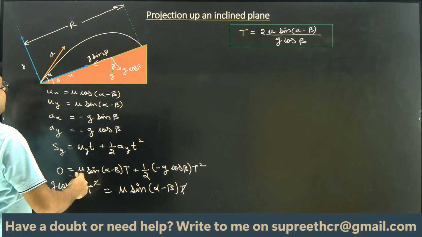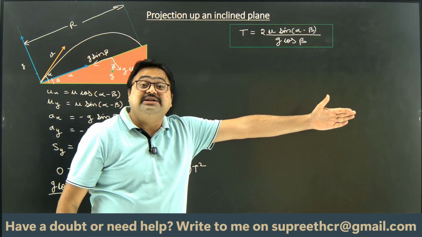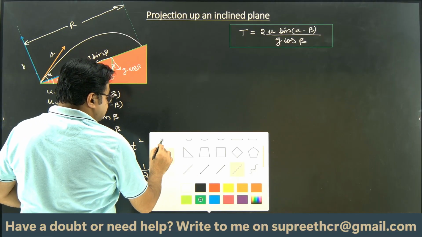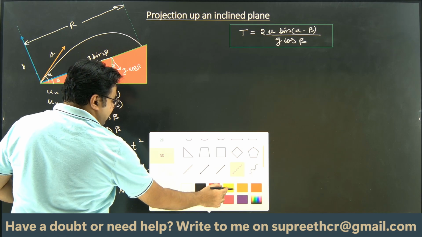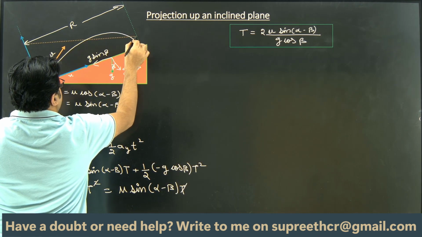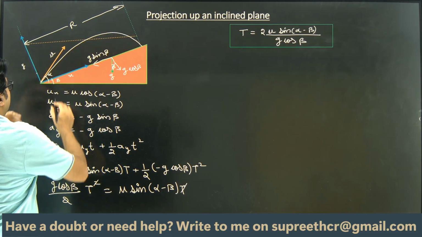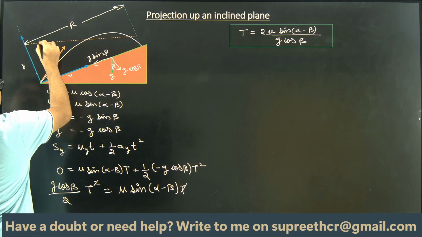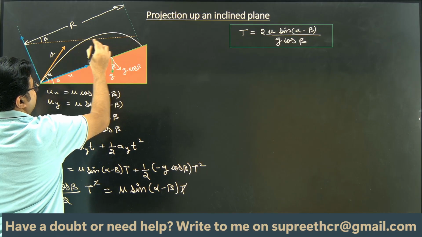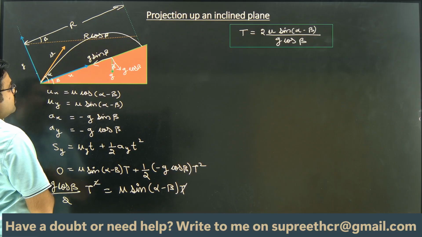But instead of calculating r, we can calculate the total horizontal distance the projectile has traveled, and that is going to be this. Because this is r and the angle here is still beta, the length from here to there can be written as r cos beta.